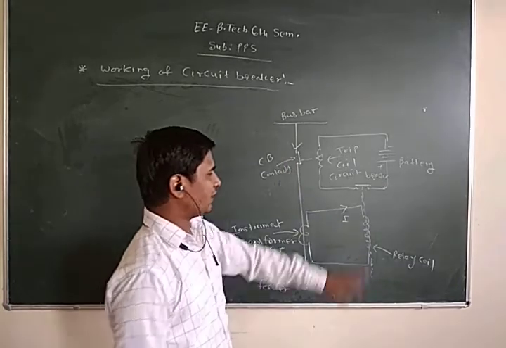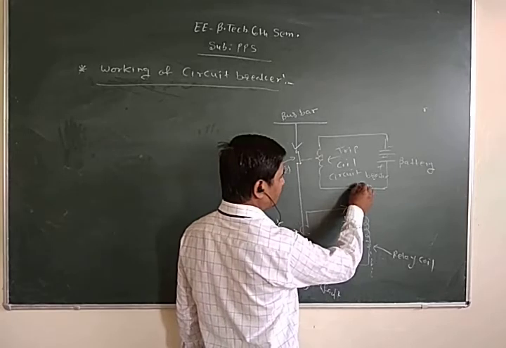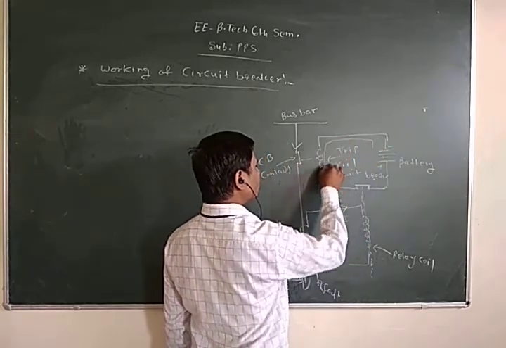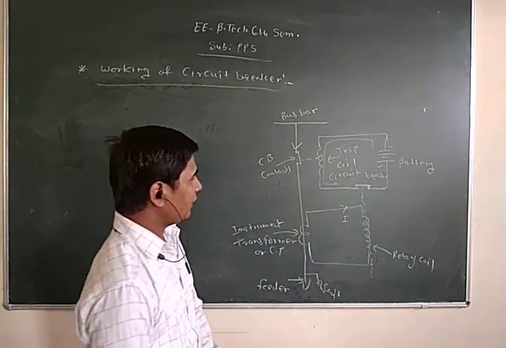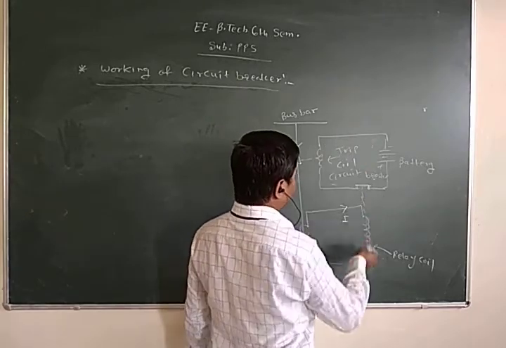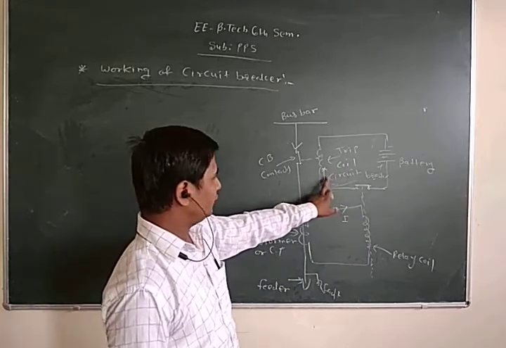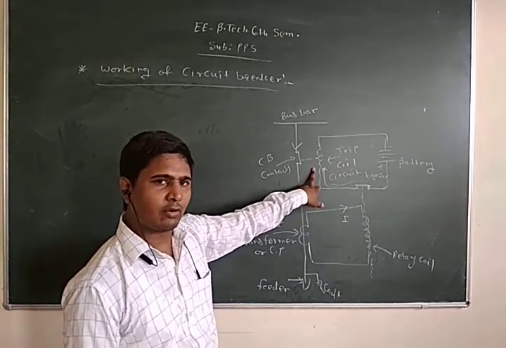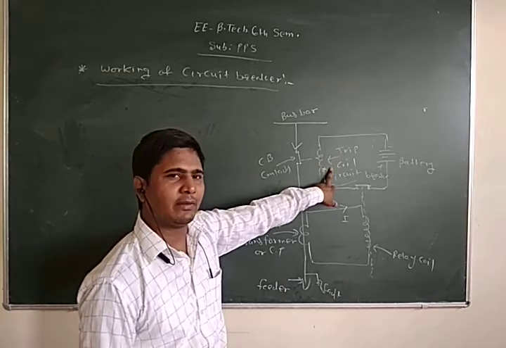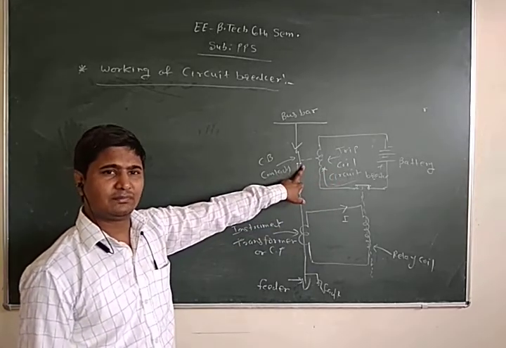This magnetizing flux closes the contacts with the help of the plunger. When these contacts are closed, the circuit of the circuit breaker also becomes complete. In this way, due to the battery supply, a current flows in the trip coil of the circuit breaker, which magnetizes the trip coil, and due to this magnetization the trip coil will pull the plunger.